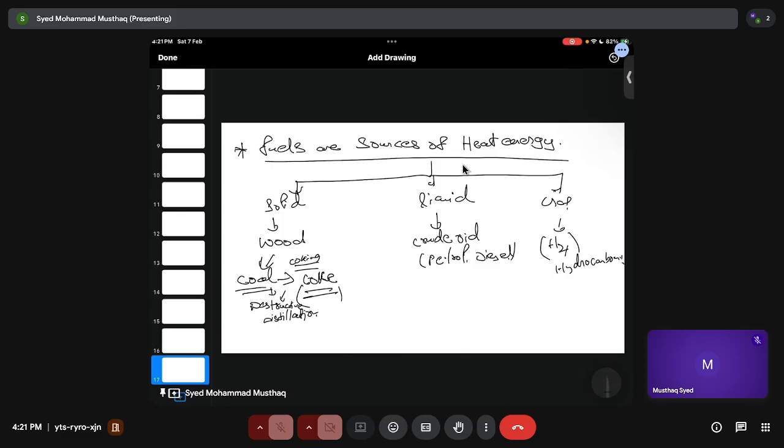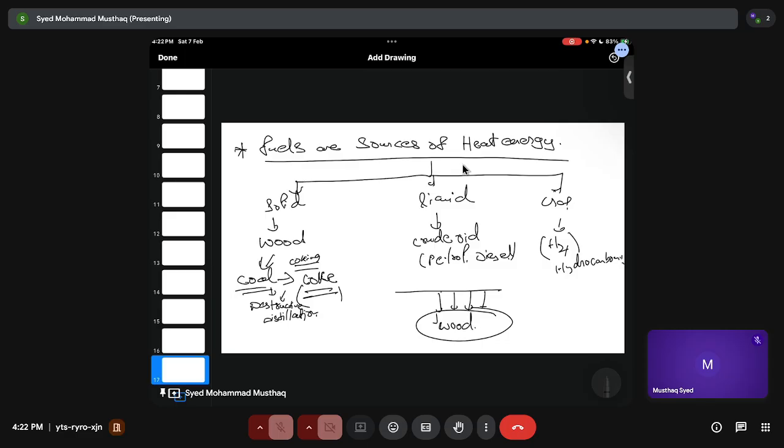Now, this coke comes from bituminous coal. Whenever wood or any organic compound gets trapped inside the earth, because of continuous sedimentation, the pressure from the earth's surface and the temperature result in the compression of this wood.